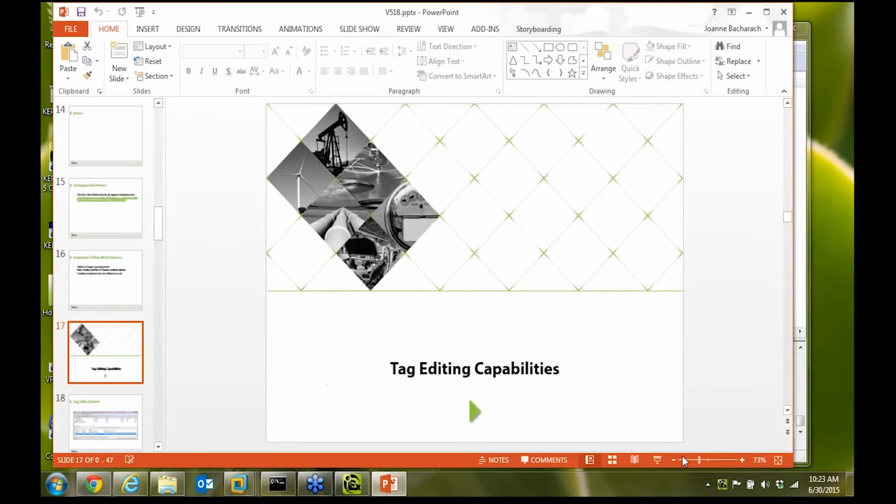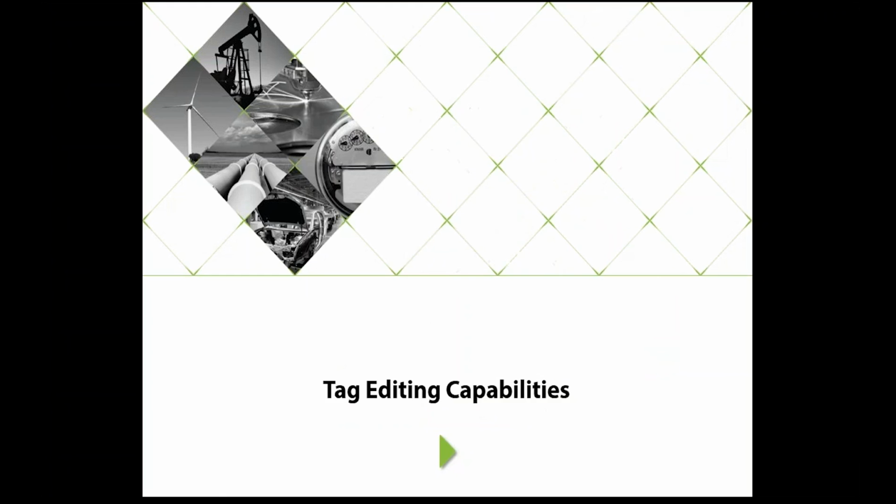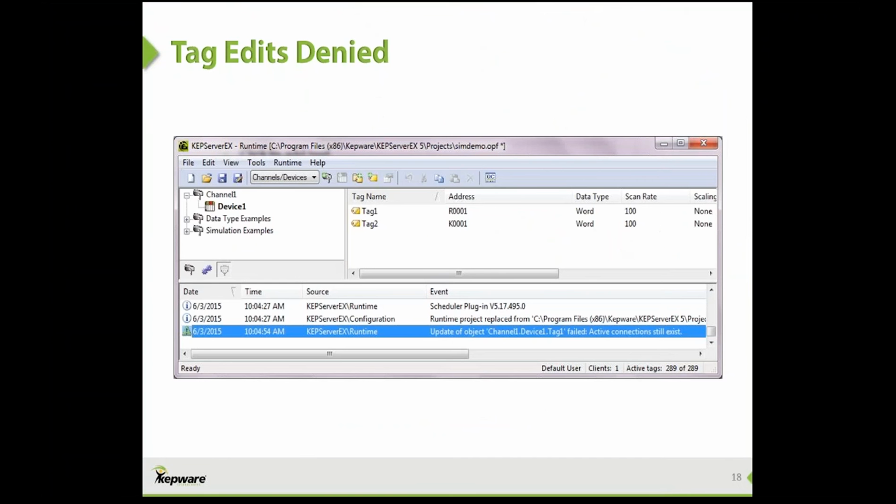Okay, tag editing. In KEPServerEX, we have to be flexible, secure, and provide a really high level of data and system integrity. System administrators need to be able to make changes on the fly while the server is running and instantly apply those changes.